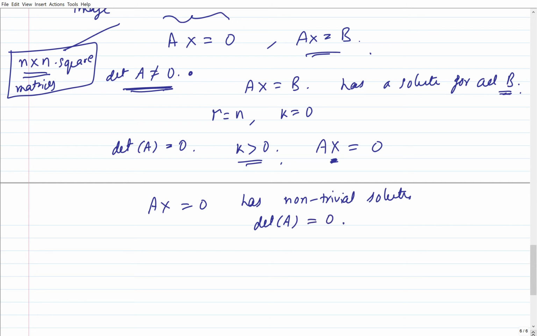In other words, the quantity k will be greater than 0 and the rank would be less than n. It means that the image is not the whole space Fn.